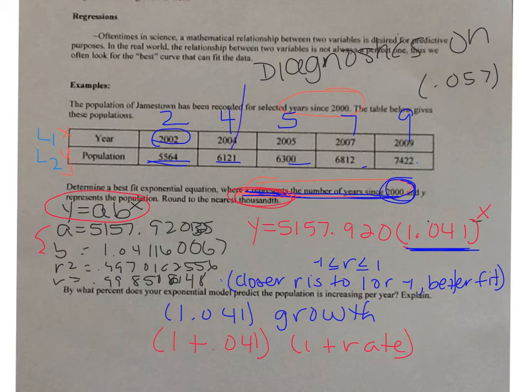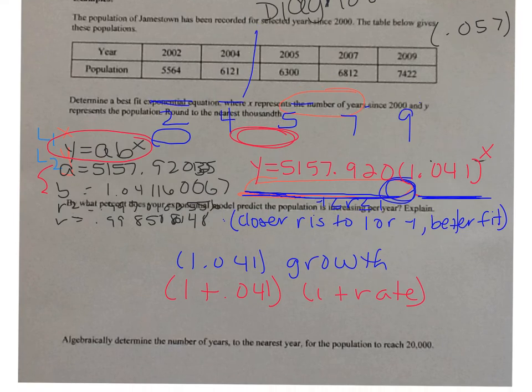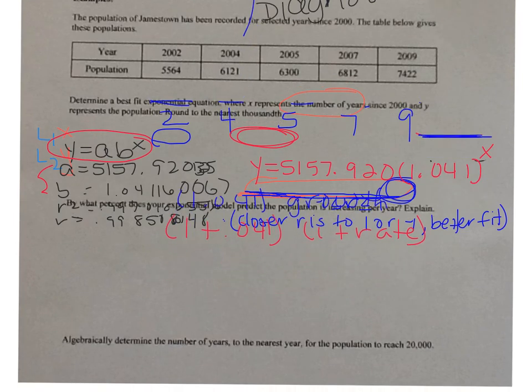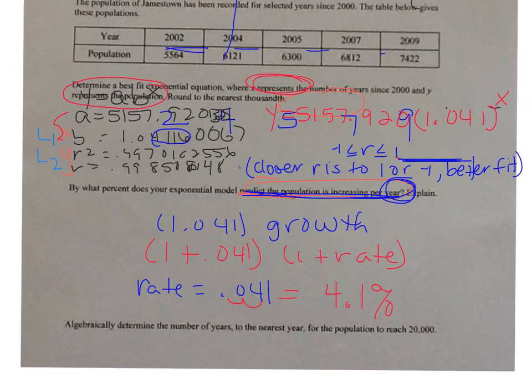So I gotta move this stuff up, looks like. All right, so this is my rate. My rate is equal to 0.041. So to get the percent, you move the decimal 2 places to the right. So it's 4.1%. That's your percent increase. Your population is increasing.